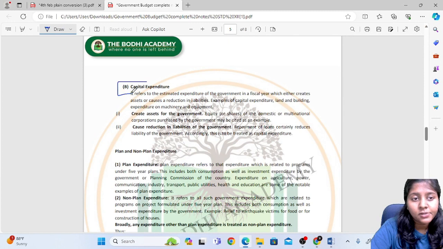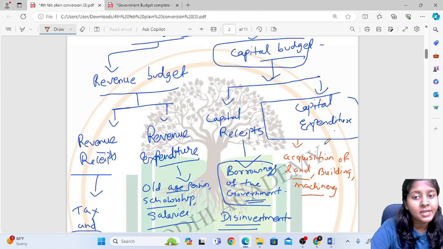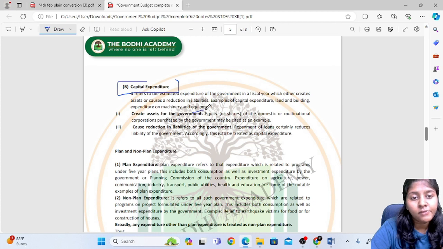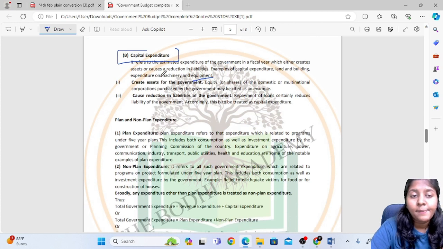Capital expenditure refers to the estimated expenditure of the government during a particular financial year, and this creates an asset or causes a reduction in liabilities. So expenditure on, as we just said, land, building, machinery or any equipment creates an asset for the government.